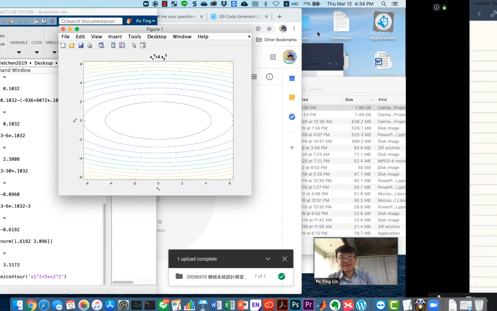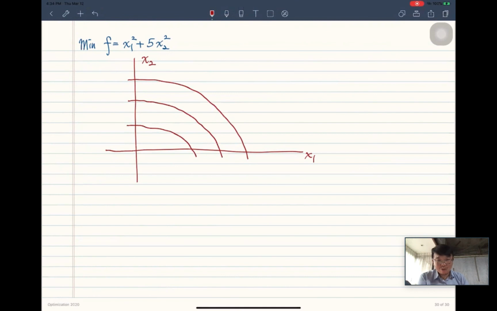Okay, yes. My computer is almost out of memory, so let me make it fast. So the contour looks like this. It's actually a bunch of ellipses.